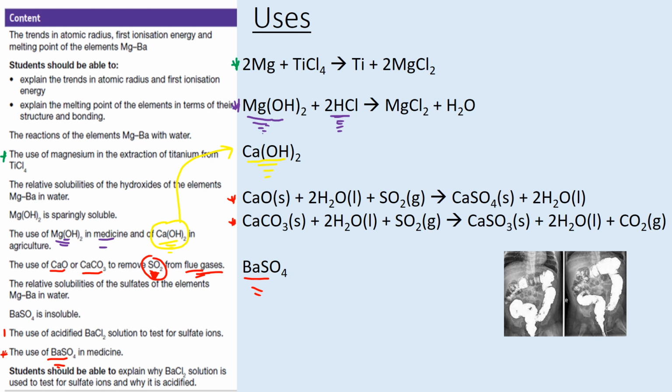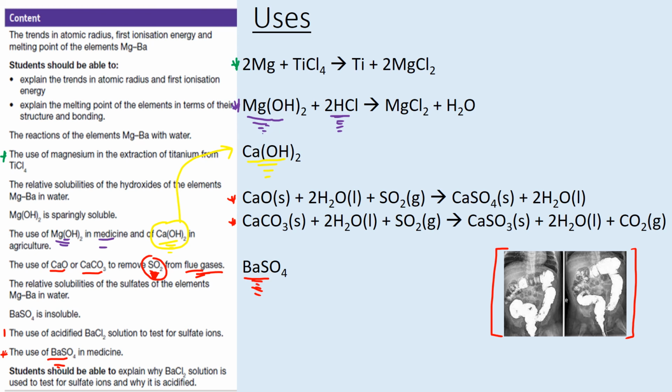As you can see on these images here, this patient has drank a barium meal, and the doctor is able to take X-rays at specific times, and they can see the movement of this barium sulfate through the gut. So it basically allows them to take pictures of the outline of the gut and to identify any issues there. So that's a barium meal.